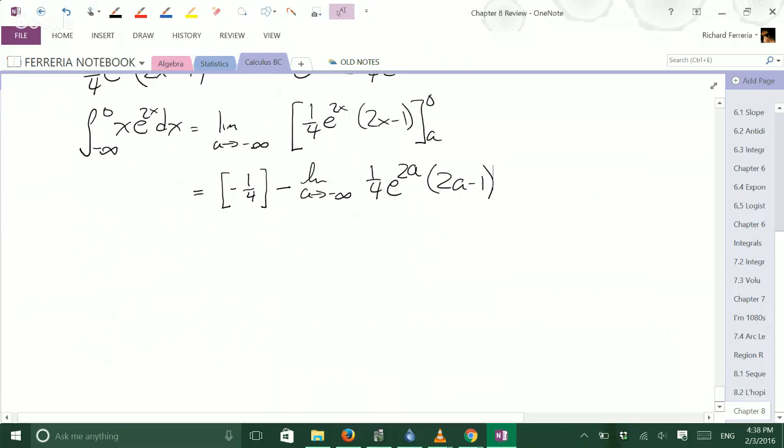Okay. What is this limit? Well, one thing that might give you problems is this negative infinity. So let's deal with that a little differently. Rather than going to negative infinity, what if I change that to a going to positive infinity? What would I have to do? Let's say u goes to positive infinity.